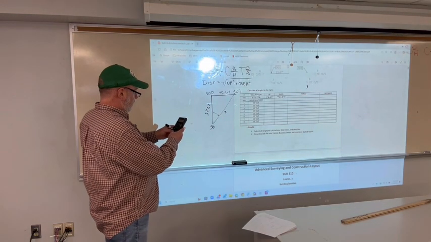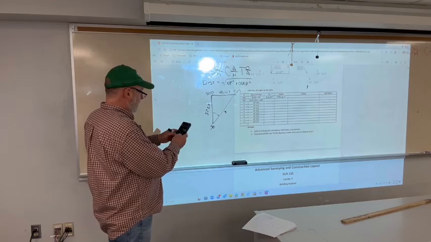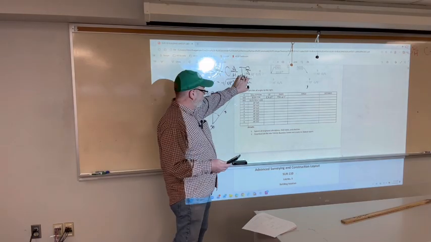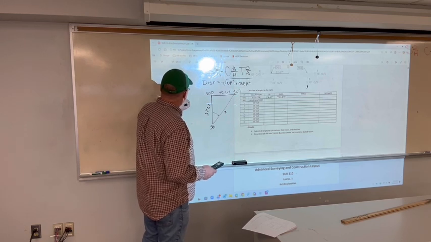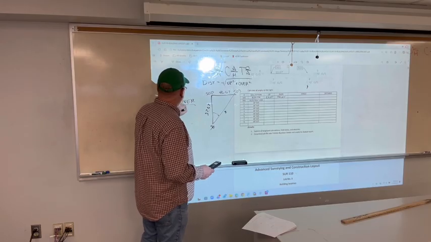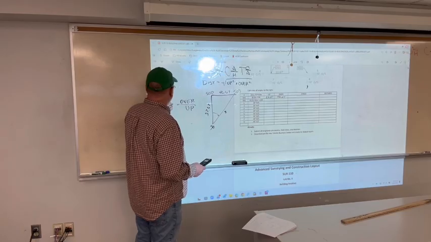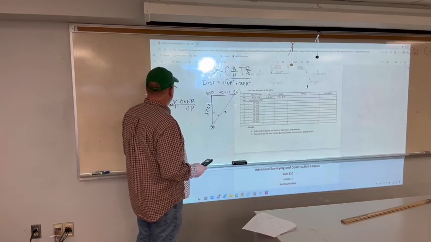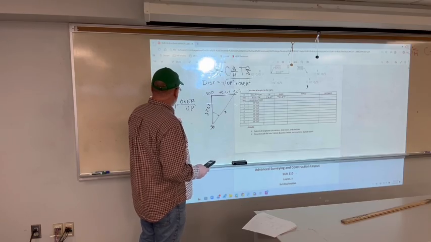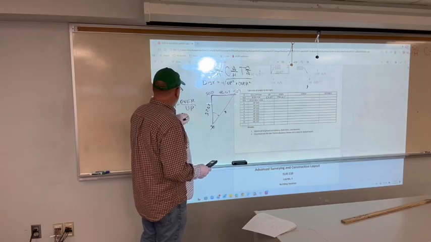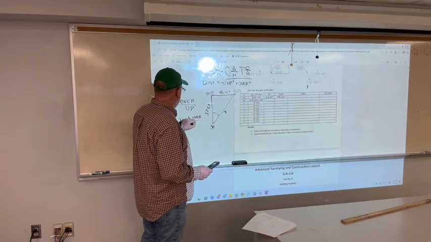So if I take my over 46.67, divided by 52.67, that's giving me the tangent. So if I say over divided by the up is going to be equal to the tangent of that angle. Or the angle is equal to the inverse tangent of your over divided by my up.